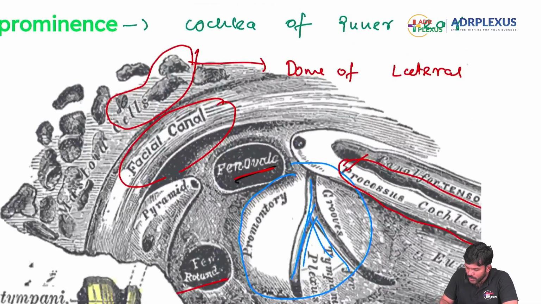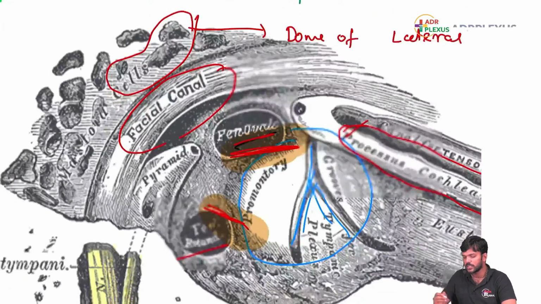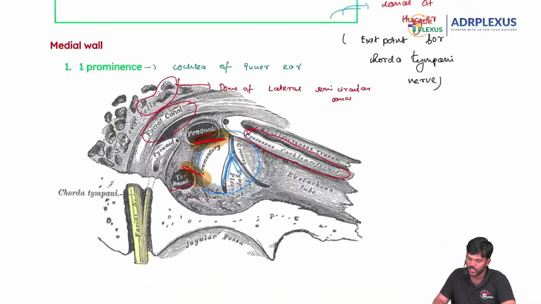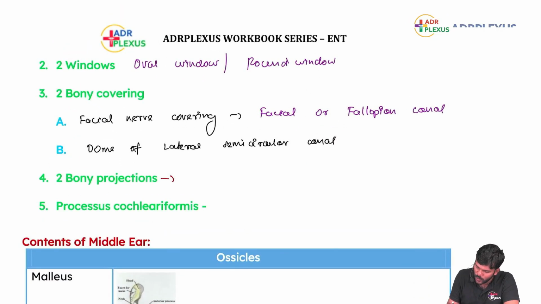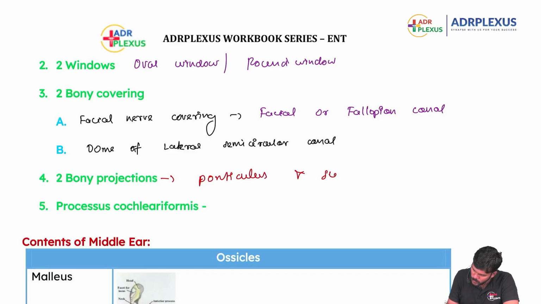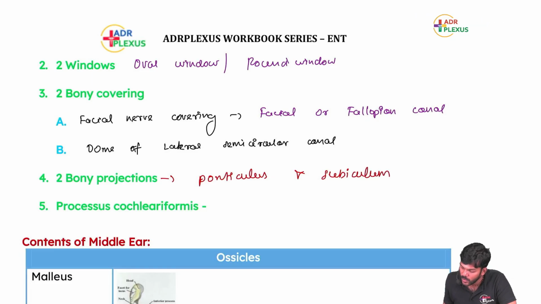One bony projection over here, one bony projection over here. This picture will be a little bit clearer in the corresponding slides. You just write it down. The bony projections' names are ponticulus and subiculum. Ponticulus and then subiculum.